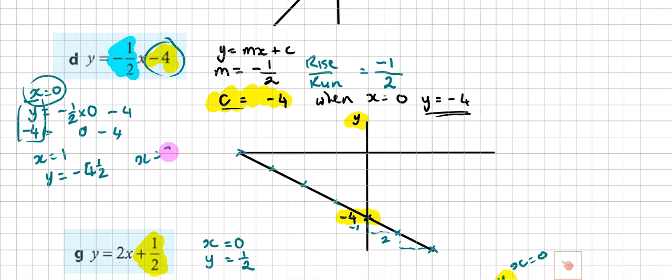If x is 2, it would be y equals -5. So every single time we add 1 to the x, the y value will change by what amount? This value here, yeah? So the line will go down this time every time. But it will start at -4.